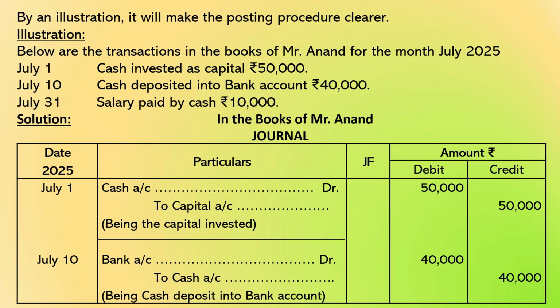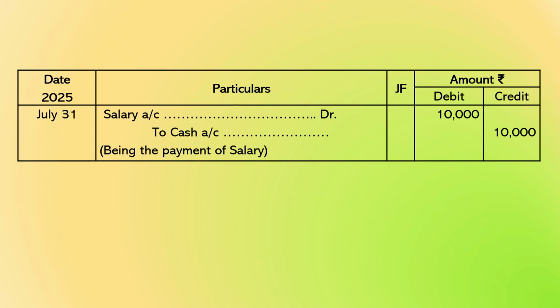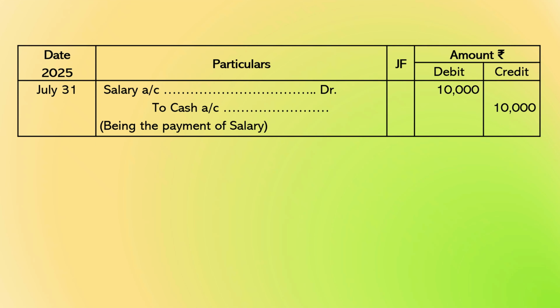On 10th July the journal entry is bank account debtor to cash account with narration being cash deposited into bank account and the amount rupees 40,000. 3. On 31st July the journal entry is salary account debtor to cash account with narration being the payment of salary and the amount rupees 10,000.